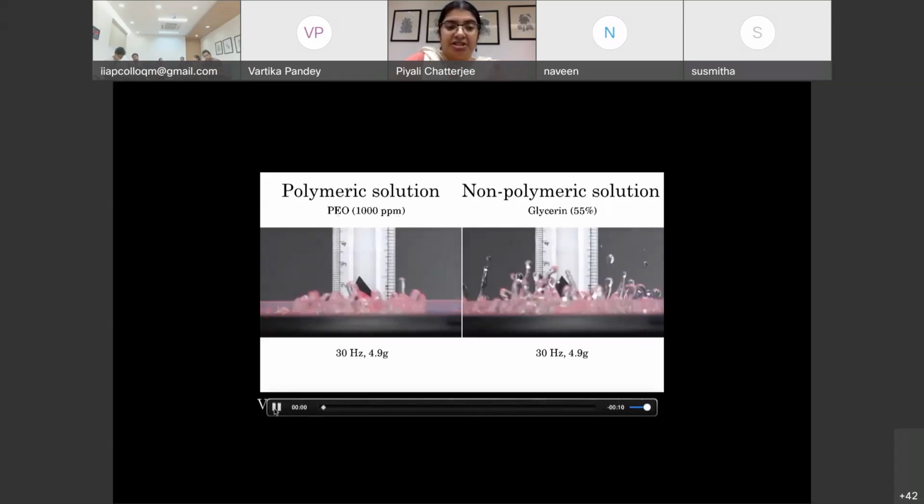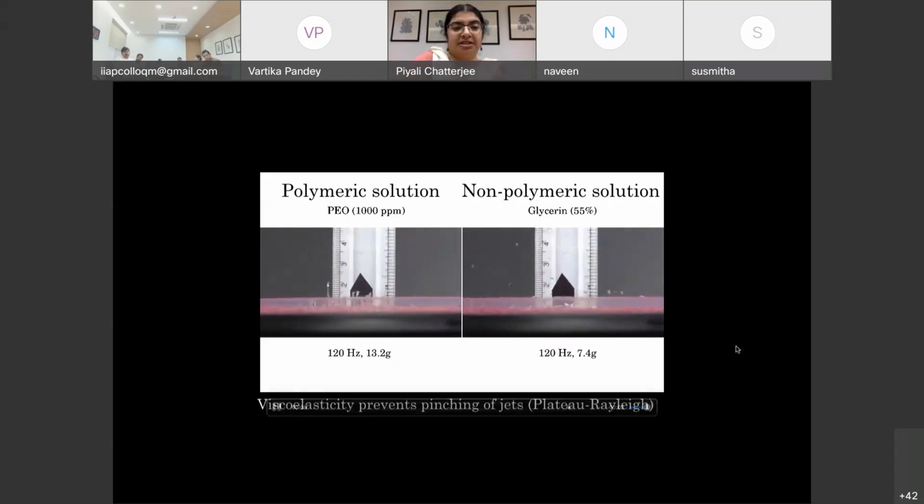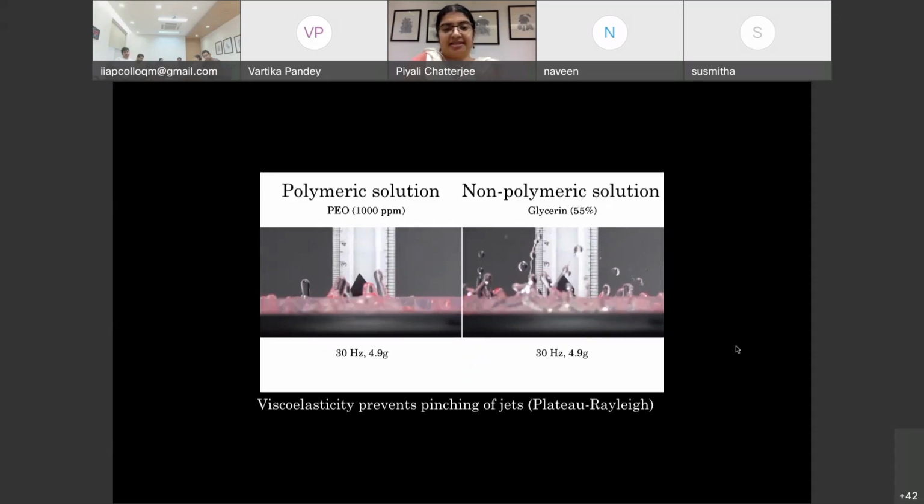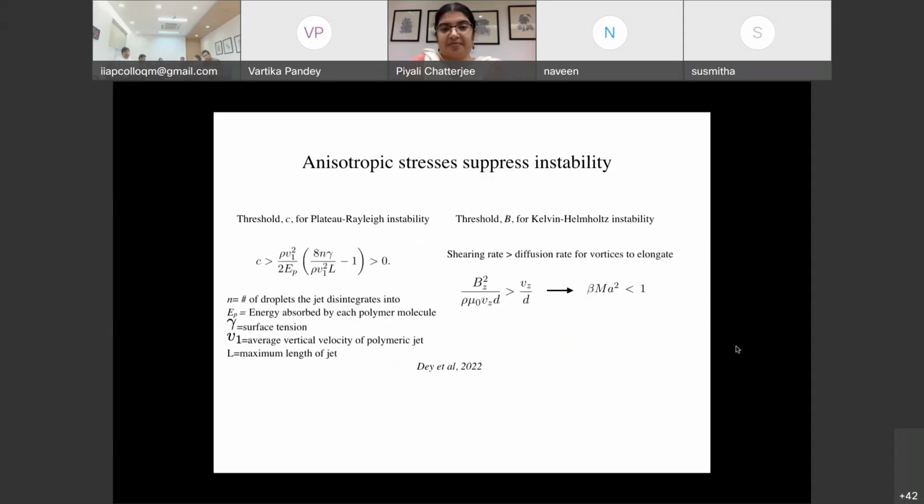They have the same viscosity, yet you see a lot of droplet formation in the Newtonian fluid and no droplet forms in the polymeric fluid, right? So this basically tells us that the property of viscoelasticity is preventing the pinching of jets.